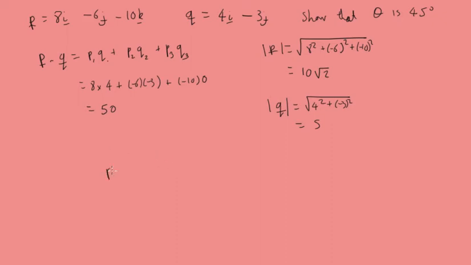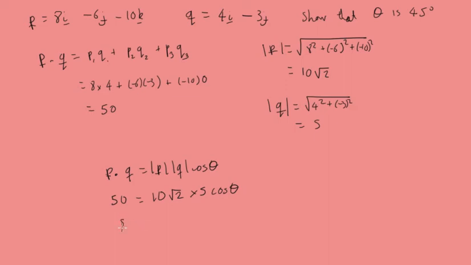So we know that P dot Q is the magnitude of P times the magnitude of Q cos theta. The dot product is 50, and then we've got 10 root 2 times 5 cos theta.